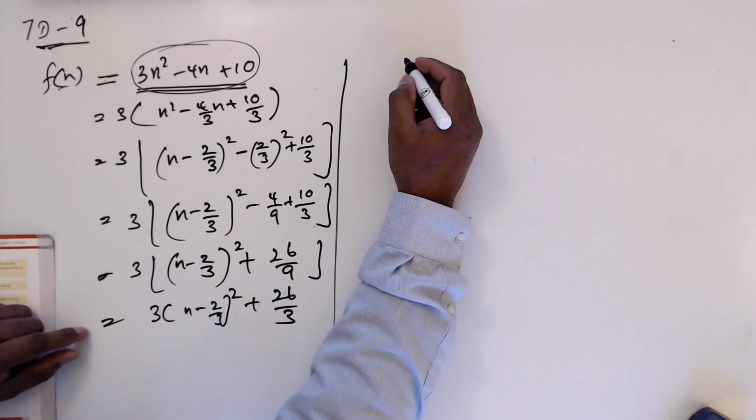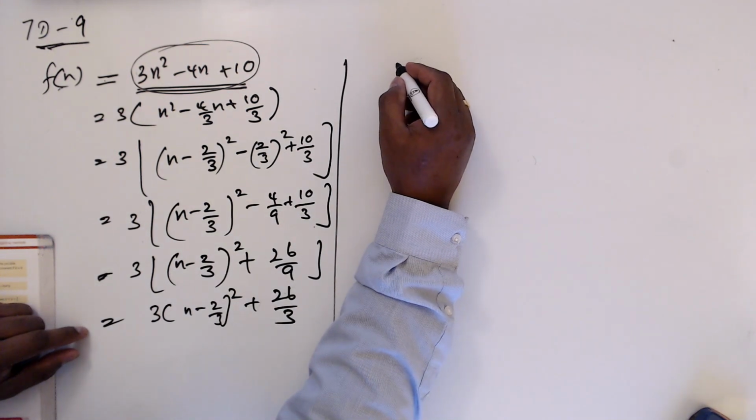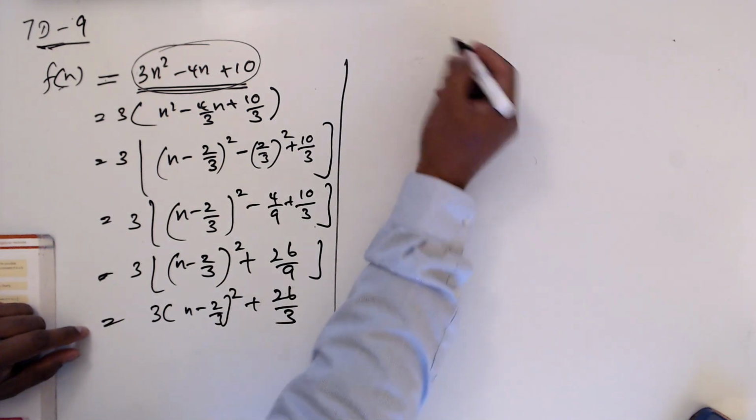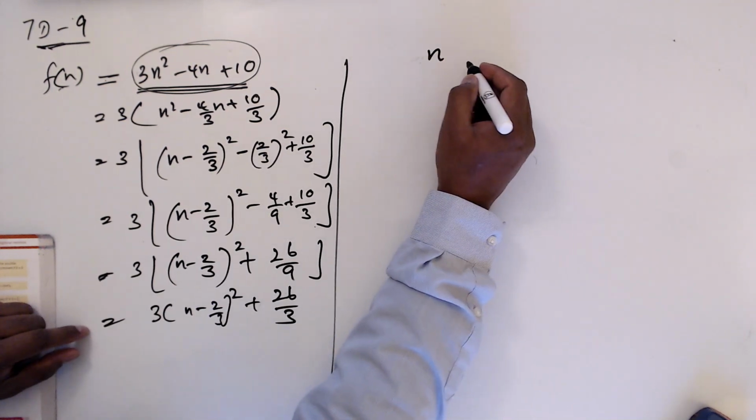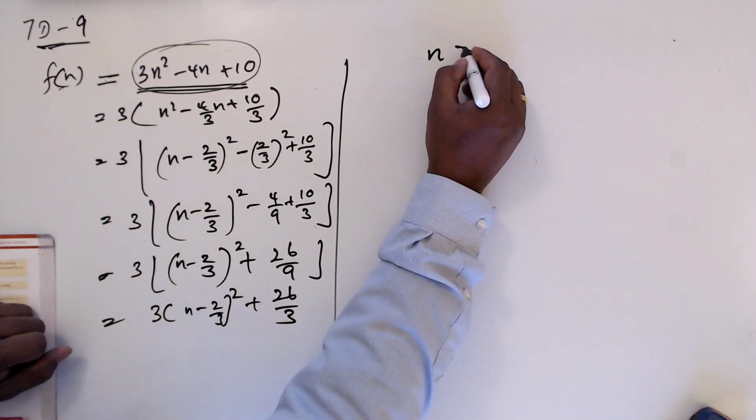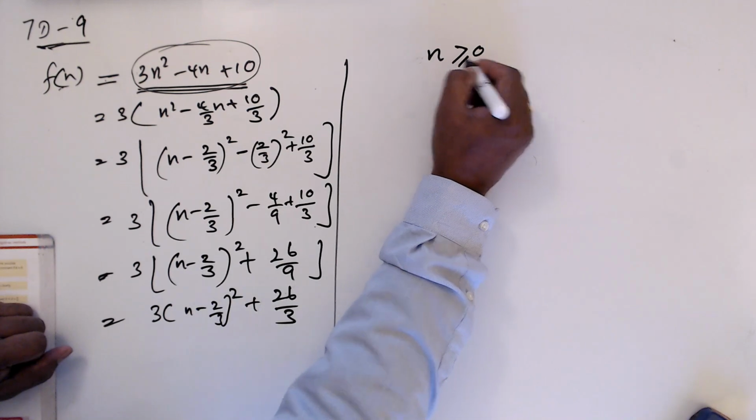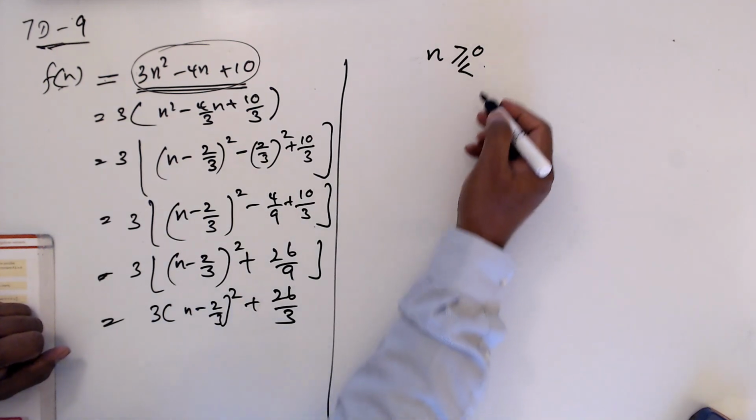Right. n is any number, so it can be positive or zero or negative.